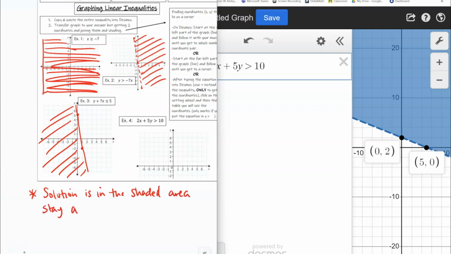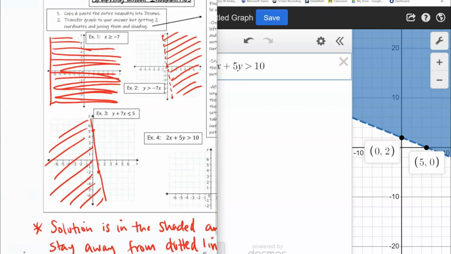Stay away from dotted lines as they are open. So remember, a dotted line is a parenthesis, which means does not include. A shaded line or a shaded area does include, so those can be solutions.